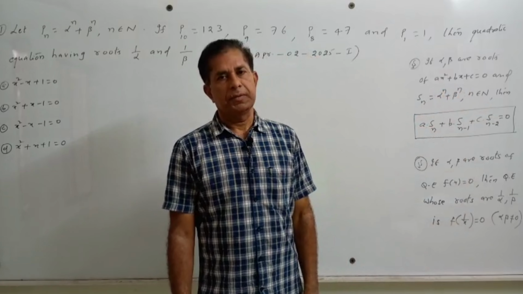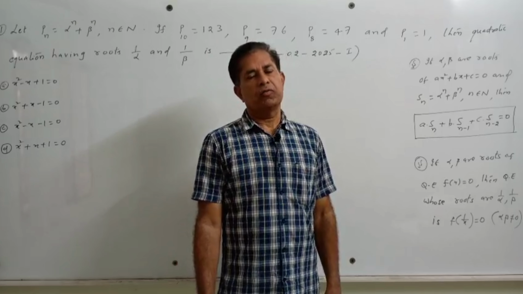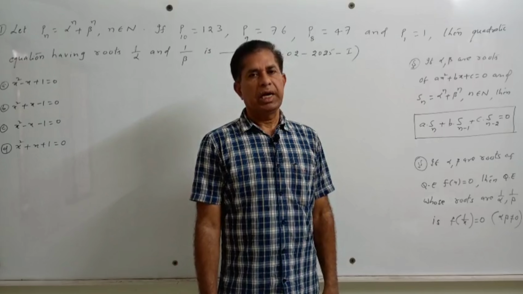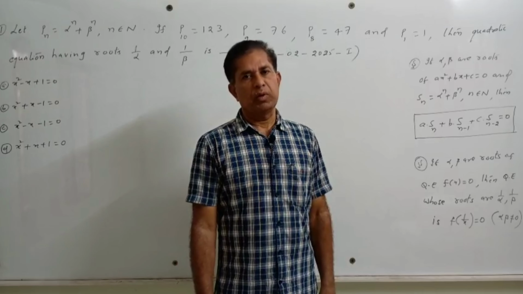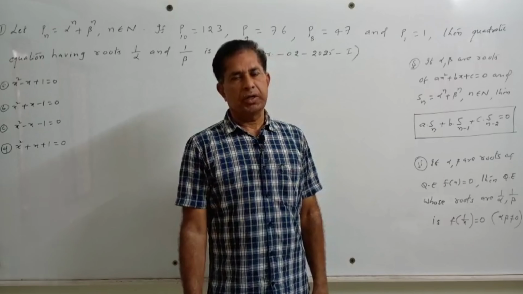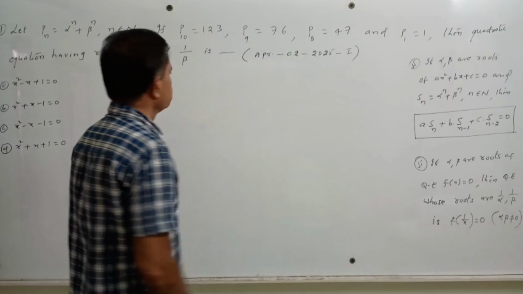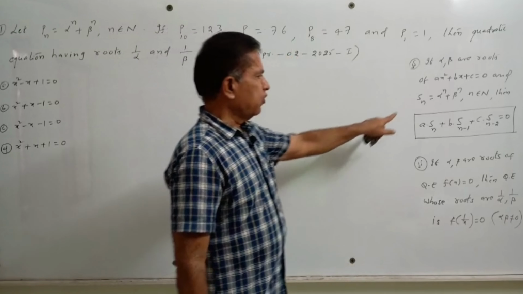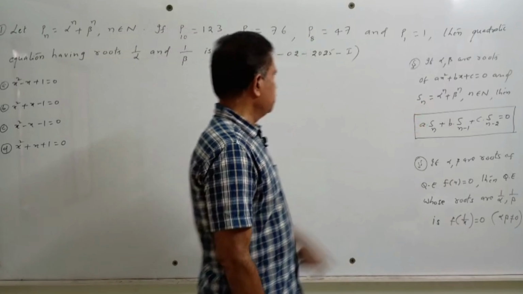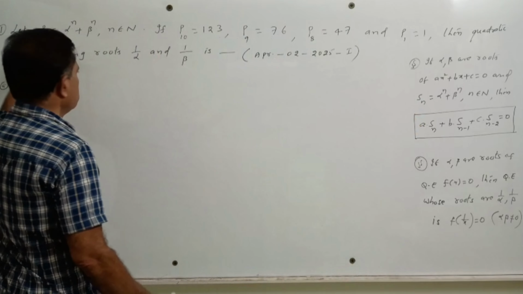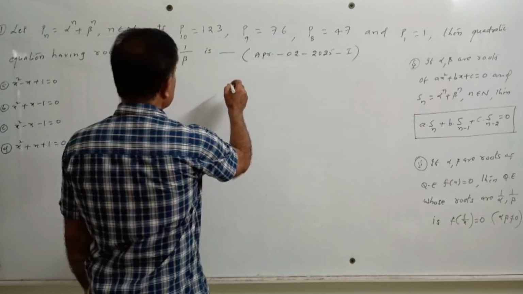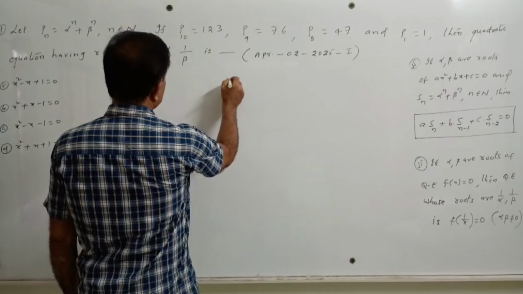I have given proofs of both the results at the end of the practicing problems. So if you are interested, you can go through them. Now let us see the solution. In the formula I used the notation Sn, but in the problem he has given Pn notation, so I am continuing with Pn notation.